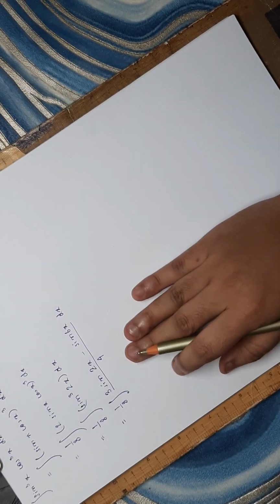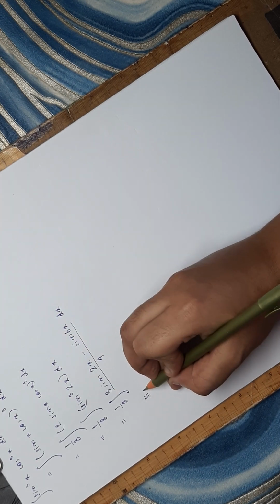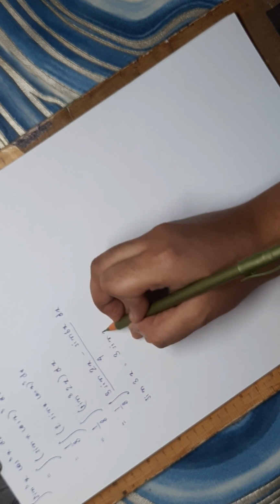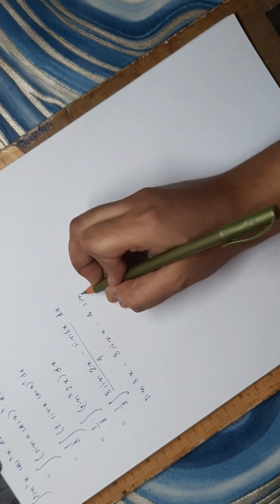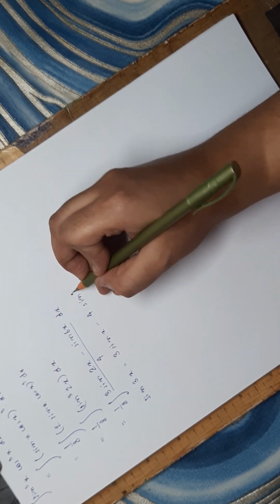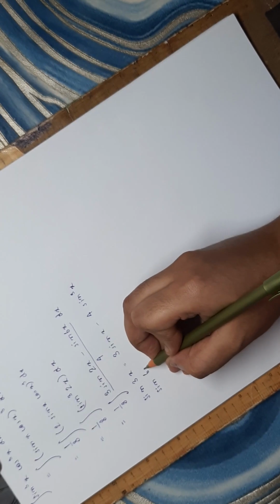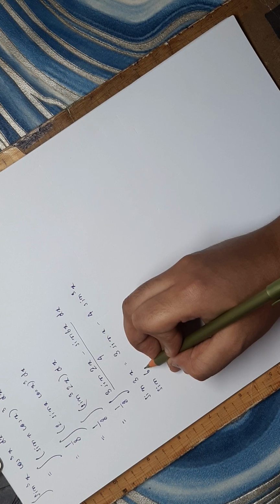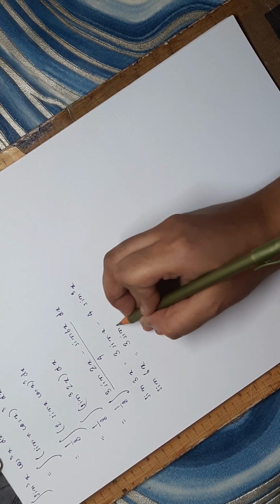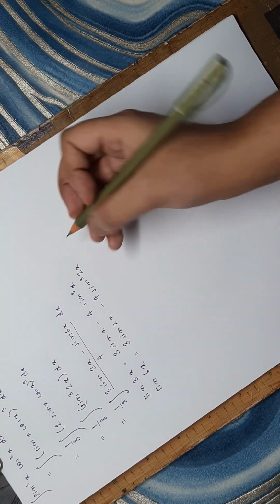Tell me, what is the formula here? Why did I write this particular thing? It's because sine 3x is equal to 3 sine x minus 4 sine cube x, right? So for sine of 6x it will give us 3 sine 2x minus 4 sine cube 2x.